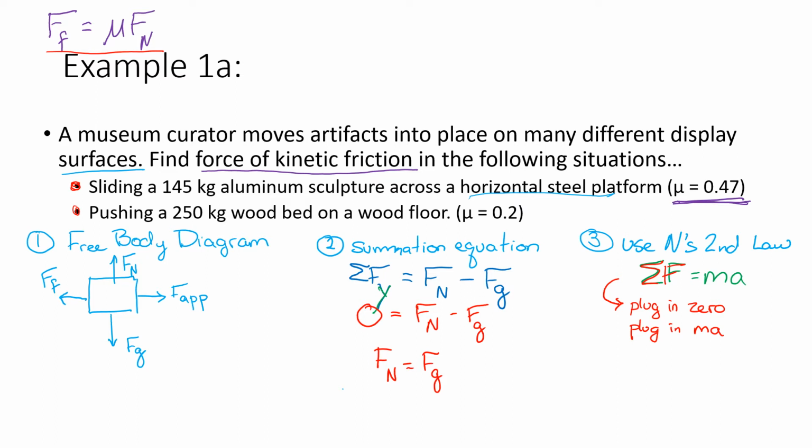The scale showed us the normal force, and that changed, but our weight really hadn't. So normal force equaling the force of gravity is not always true. And we'll see another example where the normal force does not equal the force of gravity.